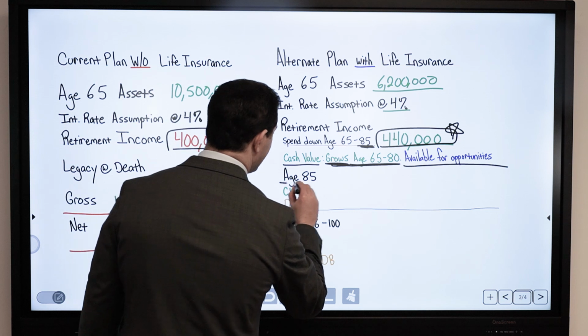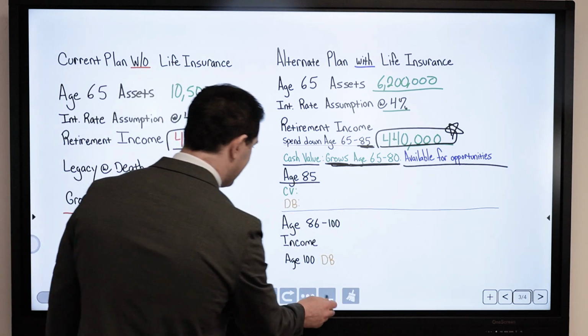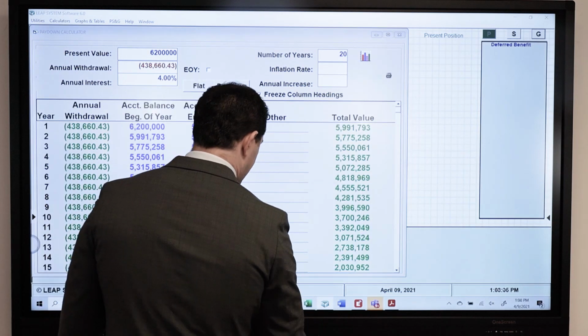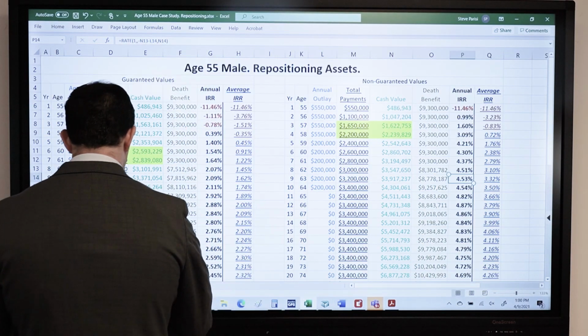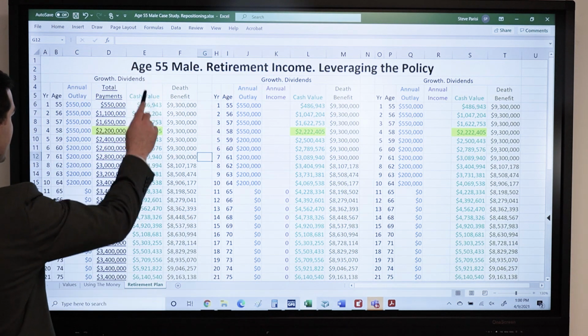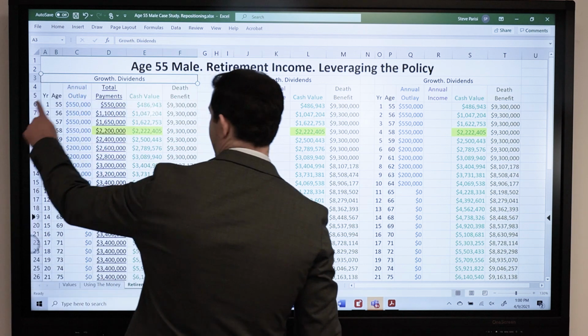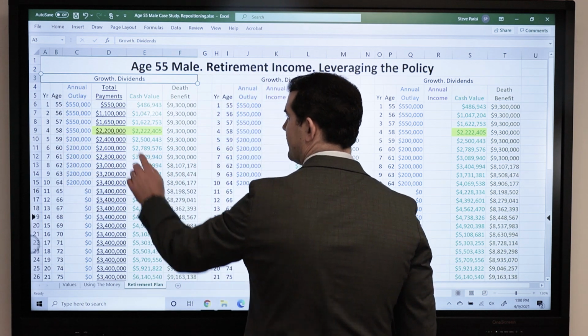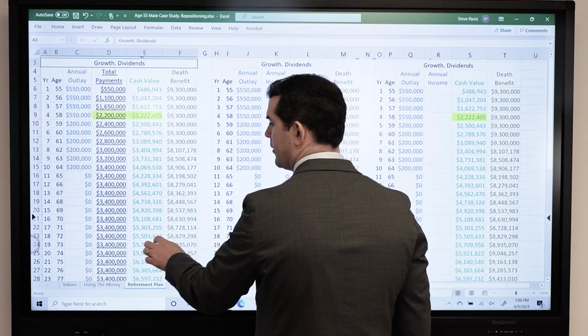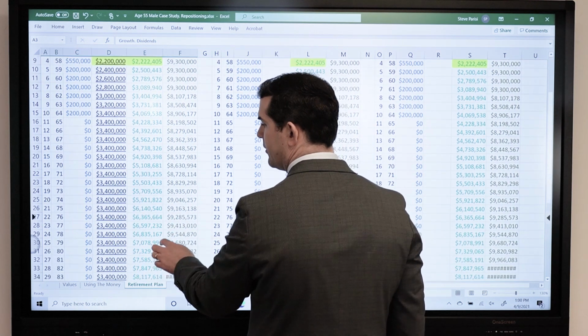At age 85, what's my cash value and death benefit? Let's go back to our Excel chart and look at our retirement plan here. So we've got the middle of the road scenario. Let's look at this on the left, growth only. $550 per year, breaking even in year 4. Started at age 55.